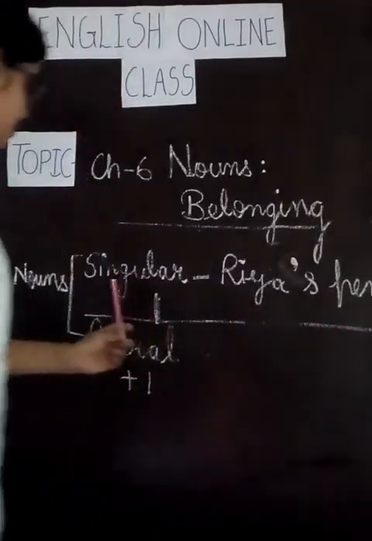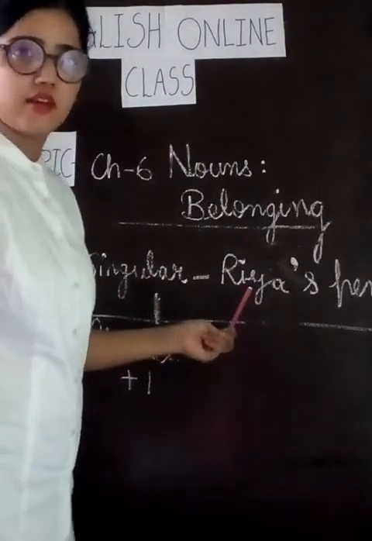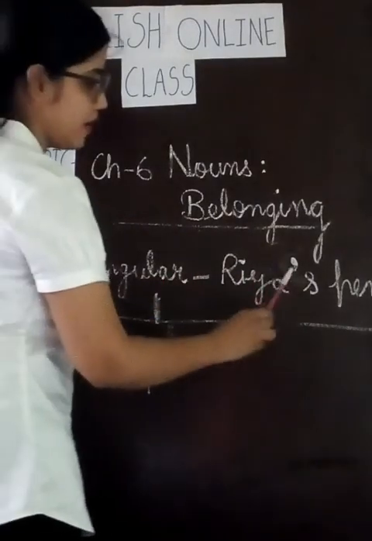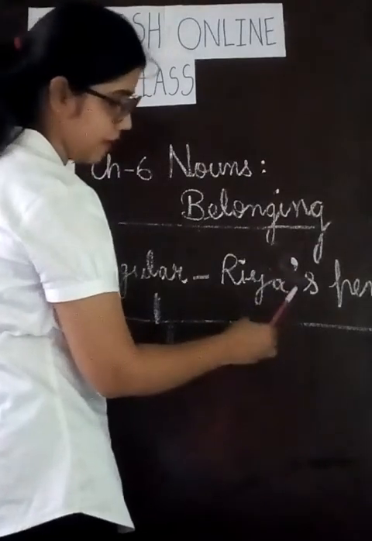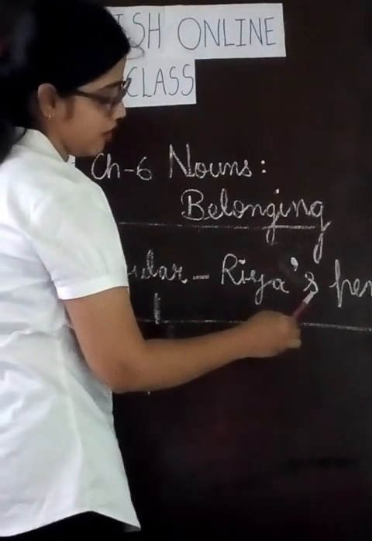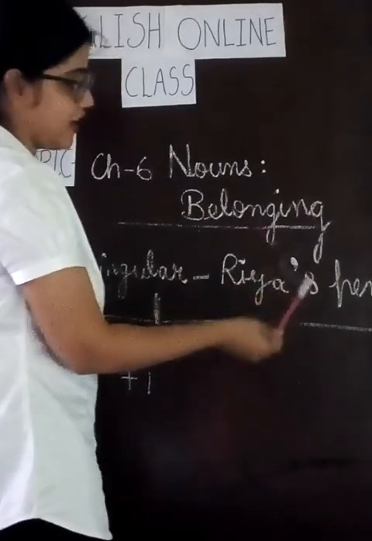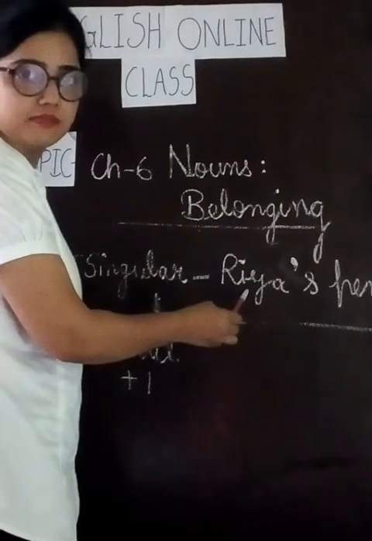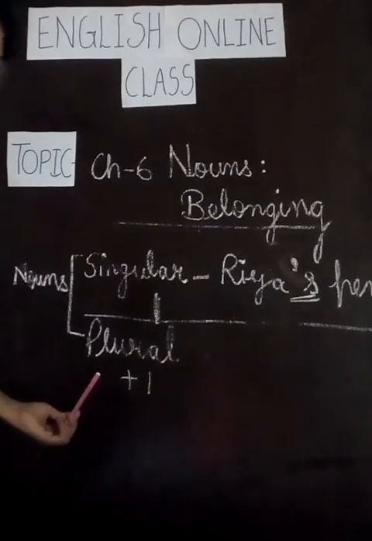This rule is for singular nouns: in a singular noun we put an apostrophe at the end of the word or name, and also add s to indicate that something belongs to a person.